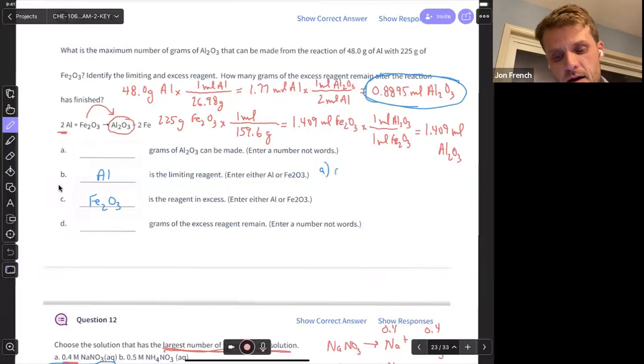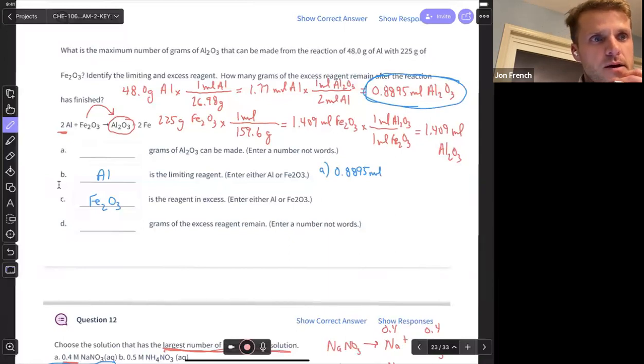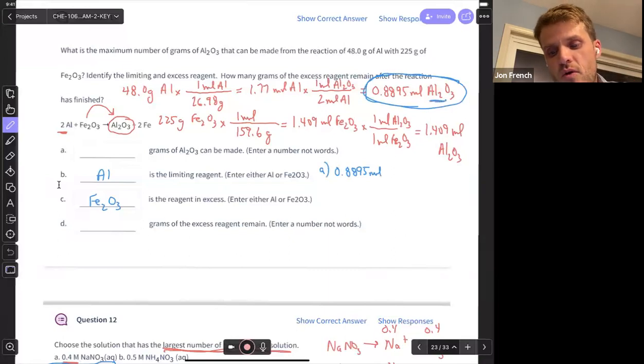So for A, all I want to do is convert moles of aluminum oxide into grams. We want to find the moles of each of them. Here they're both in aluminum oxide, so I can compare those numbers directly to see which one makes the least amount of product. Aluminum made the least amount of aluminum oxide. So we can compare that at the step of moles.